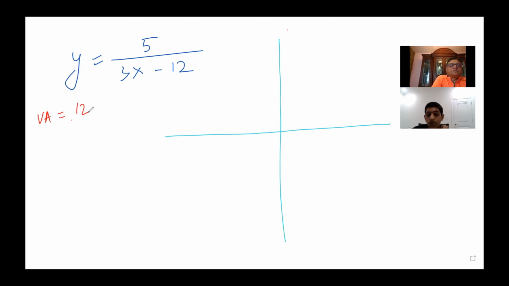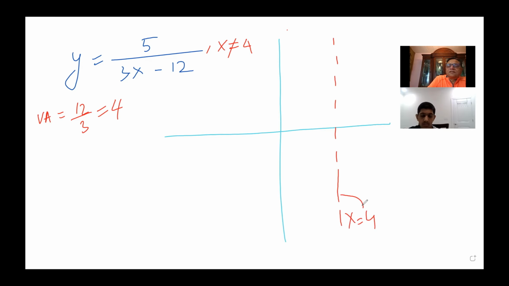So x can't equal 4. Very good. Next step. And then you find the horizontal asymptote, which is y equals 0. And sketch it on the graph with dotted lines just as I'm showing. Red is a better color to sketch. Is that okay? Next.